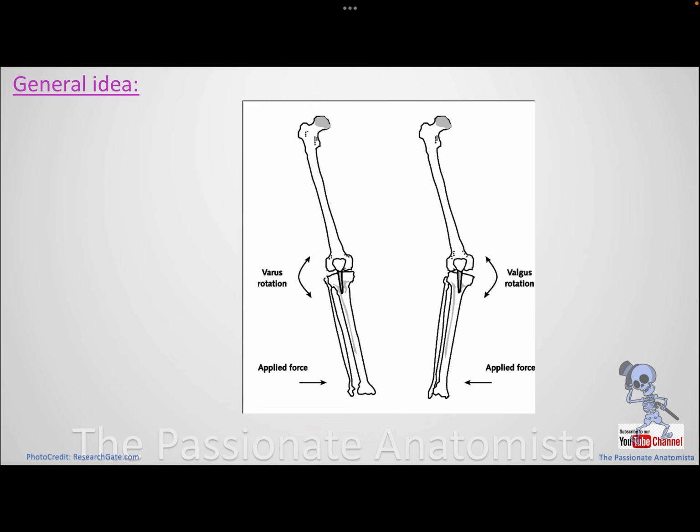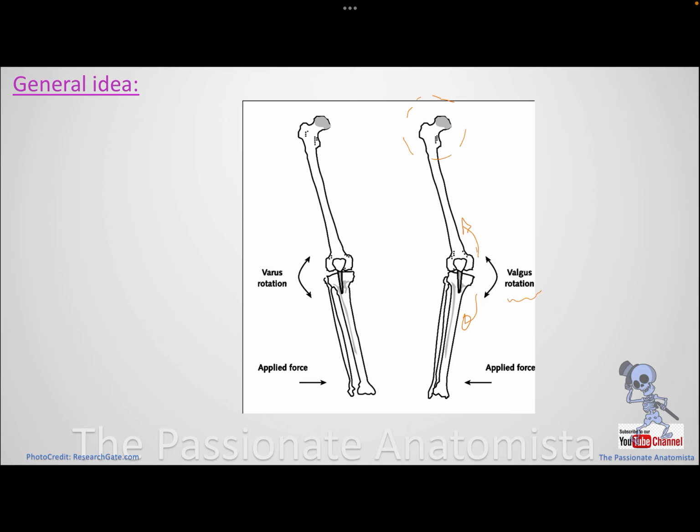Before we talk about the injuries, I want to make sure you guys understand what we mean by valgus and varus. Valgus, like we said previously in the hip joint, means when you are moving the bones apart from each other. This is what we call the valgus kind of rotation.